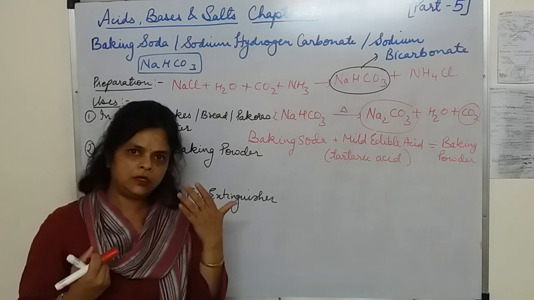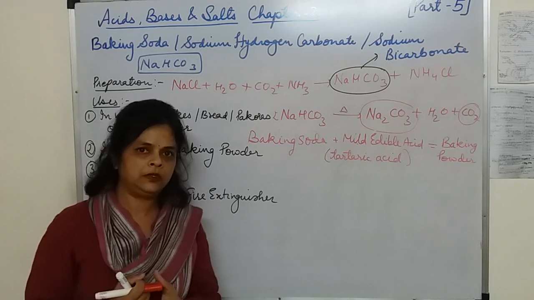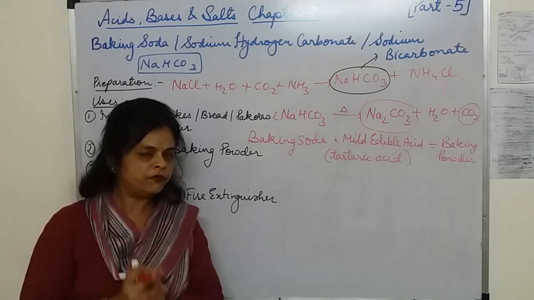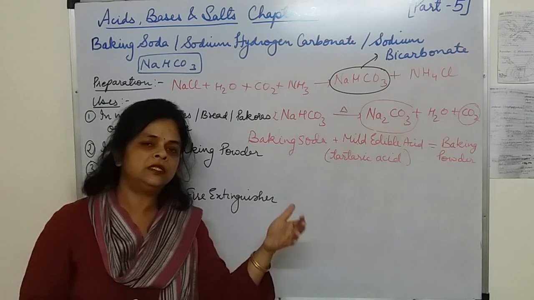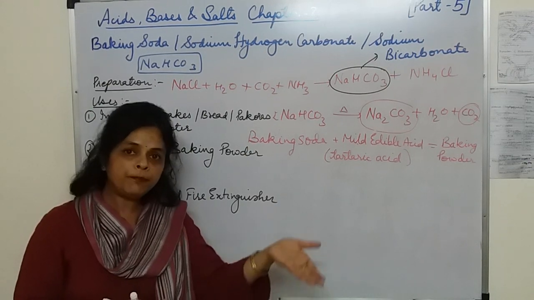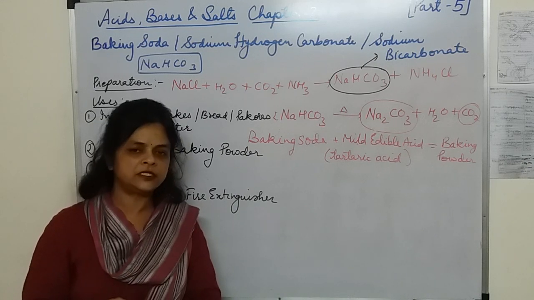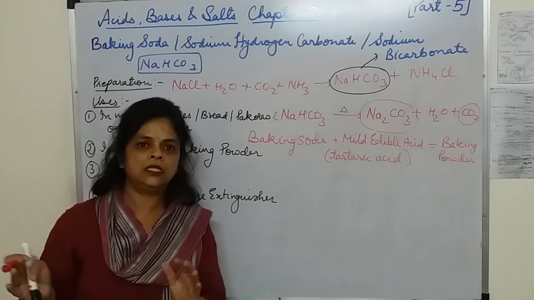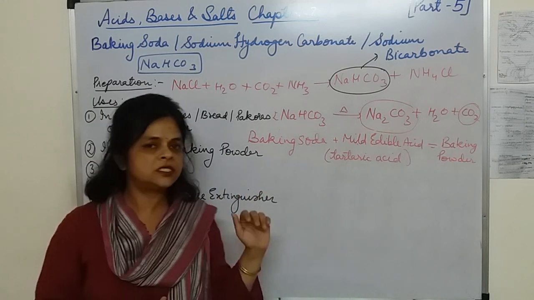For digestion, there is an enzyme called pepsin, and for the working of pepsin, it requires an acidic medium in the stomach. This pepsin is secreted in the form of pepsinogen, and pepsinogen is converted into pepsin with the help of this HCl acid only, and it also kills the germs over there. You might have studied in the biology section what the role of HCl in the stomach is.